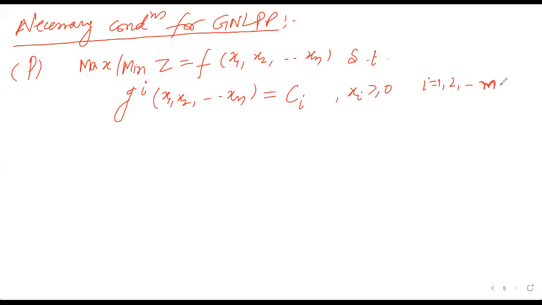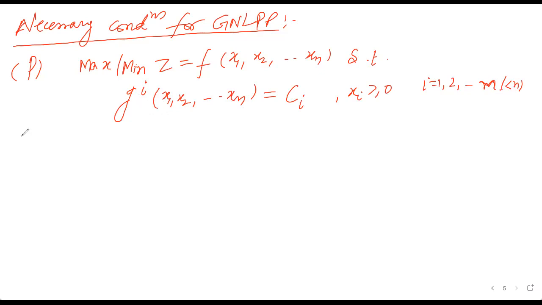In general they are less than the number of variables. So these m constraints are g1(x1, x2, ..., xn) is equal to c1, g2 is equal to c2, and so on. These are m constraints basically.